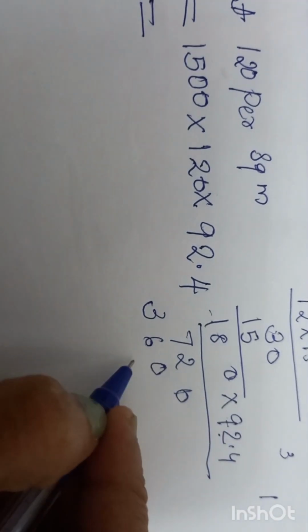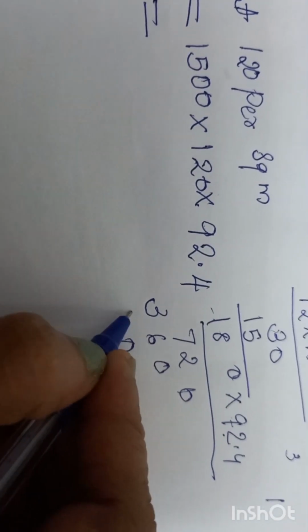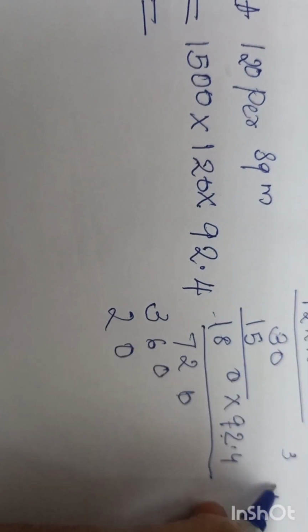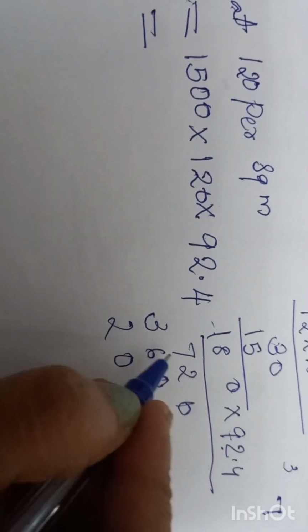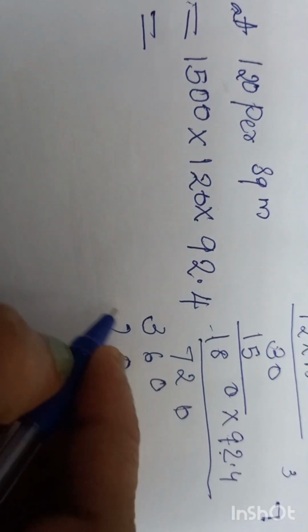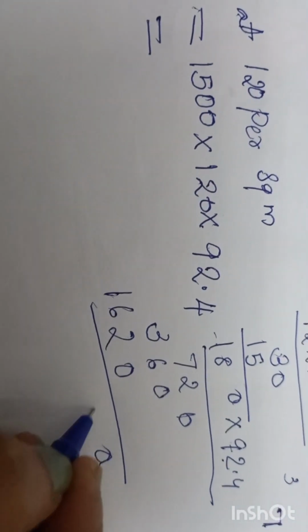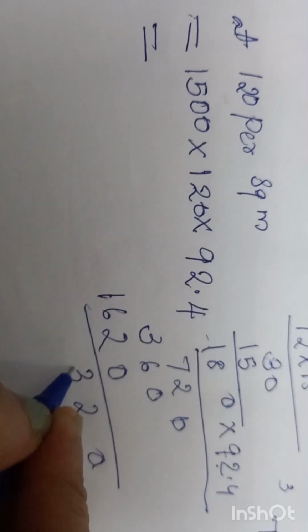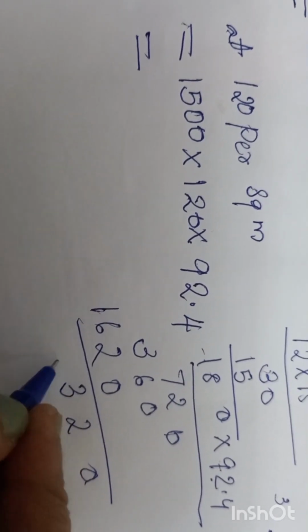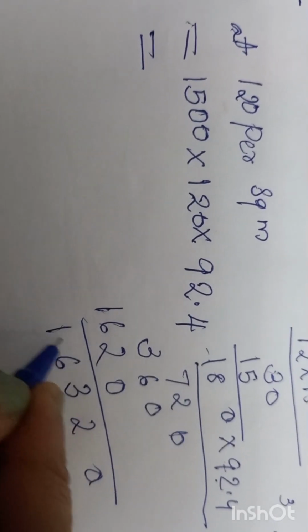Then 9 0 9 8s are 72. 7 9 ones are 9 plus 7 16.